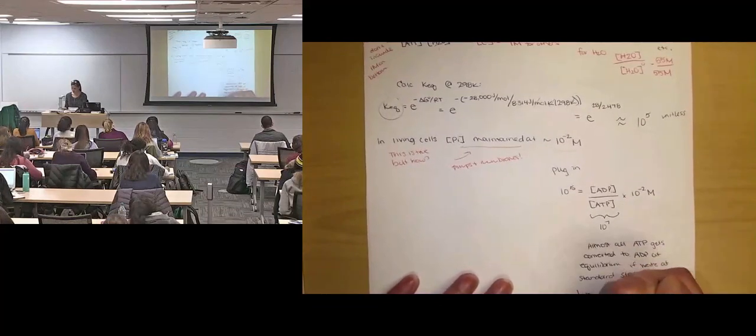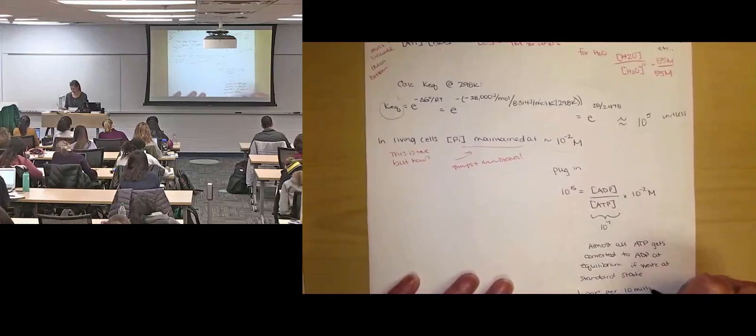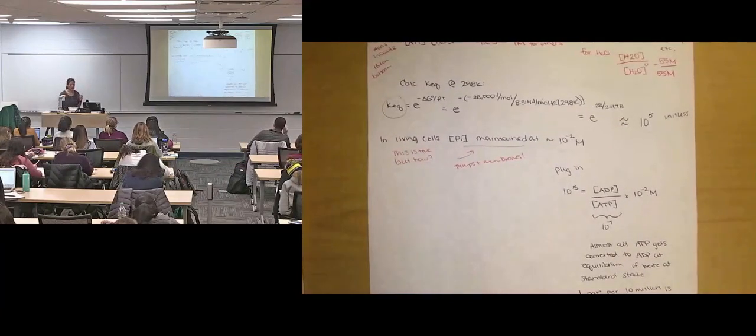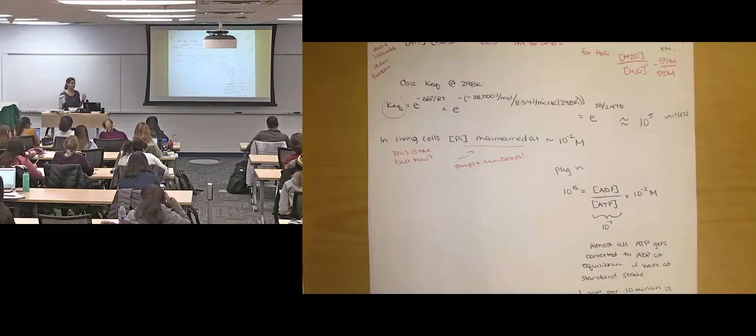Like I said, about 1 part per 10 million is ATP, and the rest would be ADP. That makes sense to us in that our delta G is very big and very negative, meaning the forward reaction wants to happen.